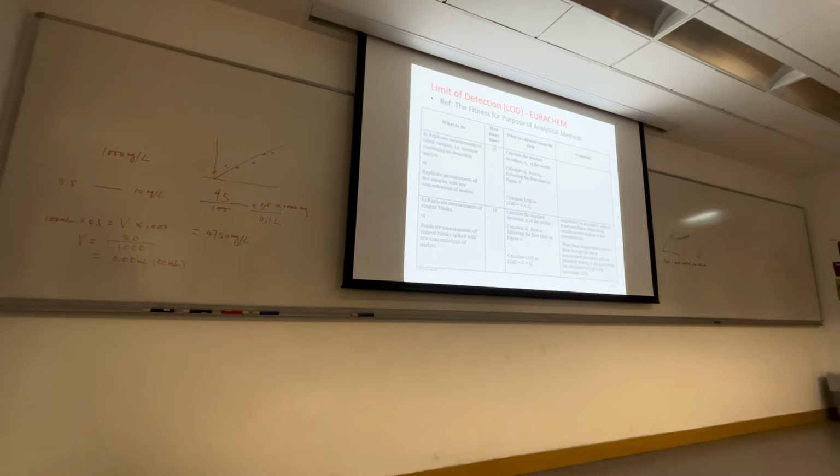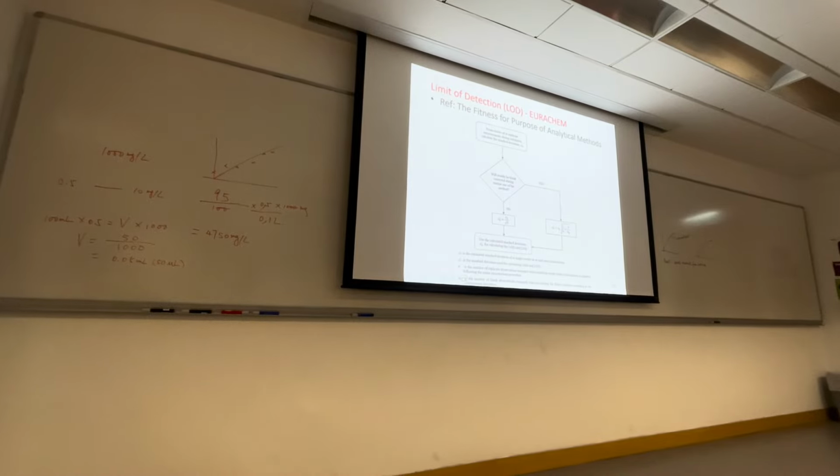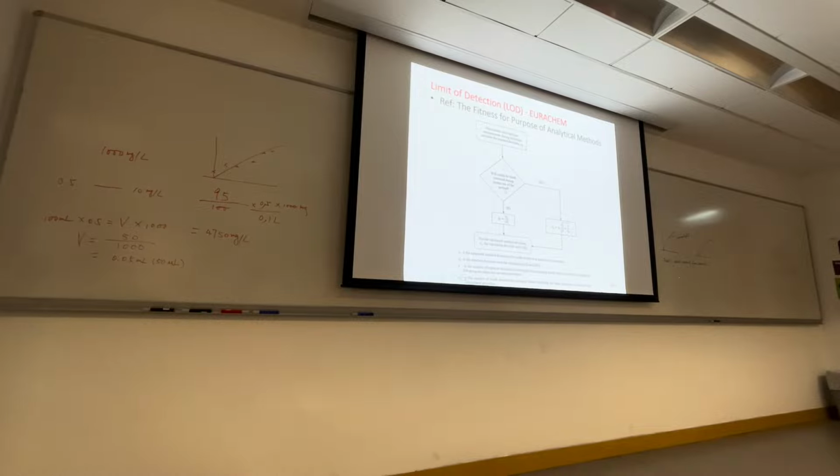Then let's see what is S naught and what is S naught prime. This is the flow chart. From the result of M replicate measurements, we calculate the standard deviation S naught. Will the result be bias corrected during routine use?